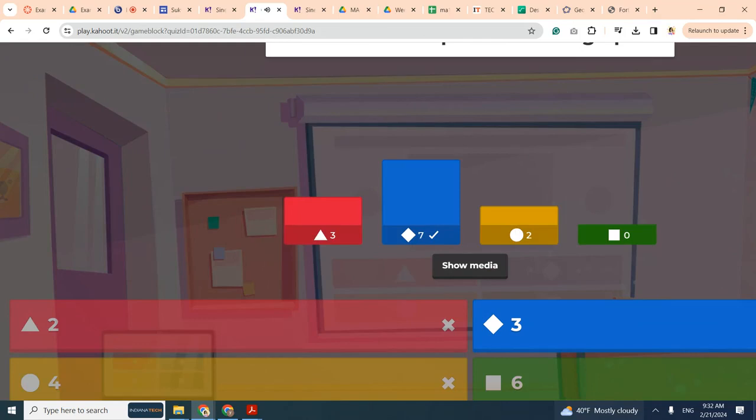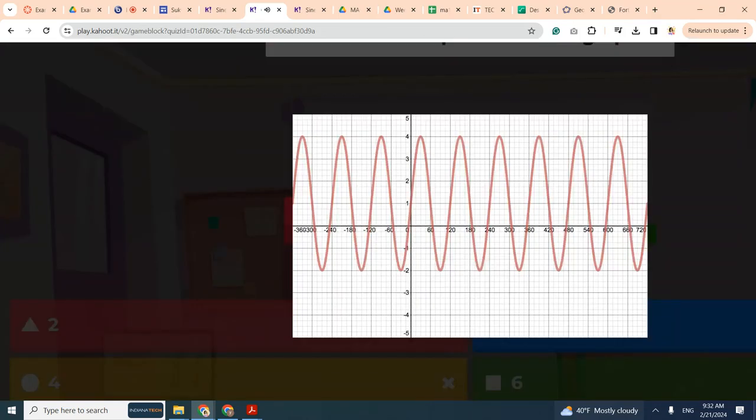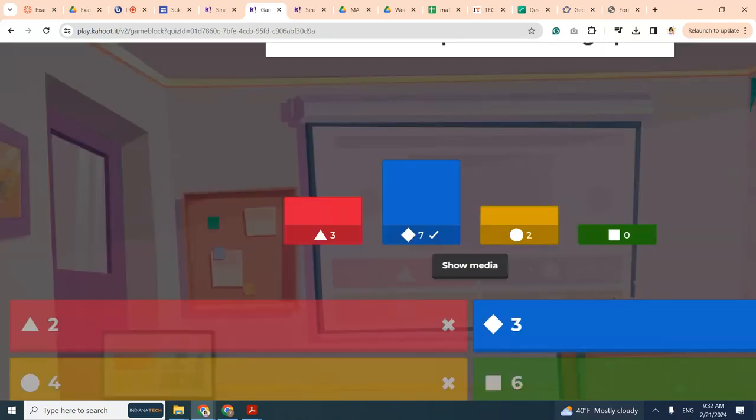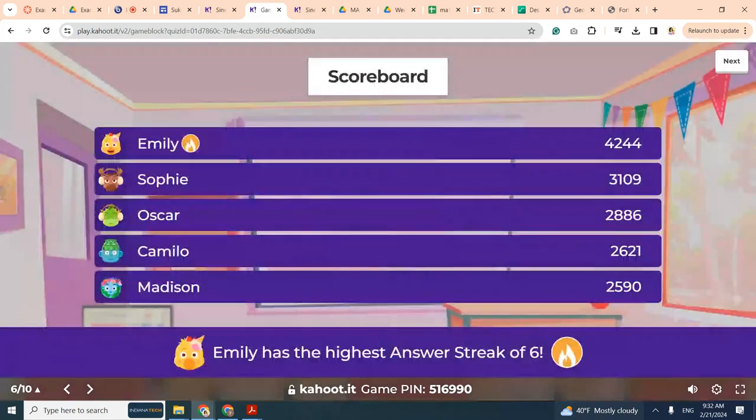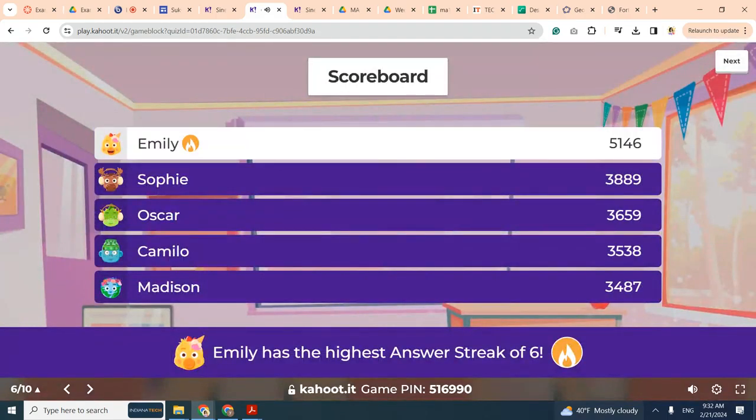Yeah, it's 3, right, everybody? So the midline is right here. So it's y equals 1. And the amplitude, the difference between 4 and 1, is 3. Okay? All right. Good job.